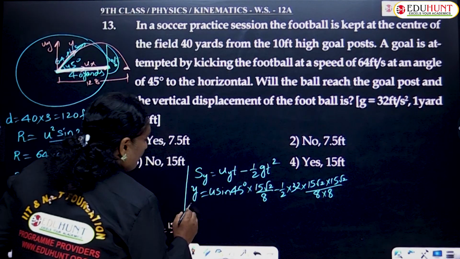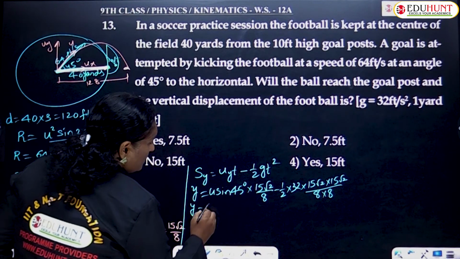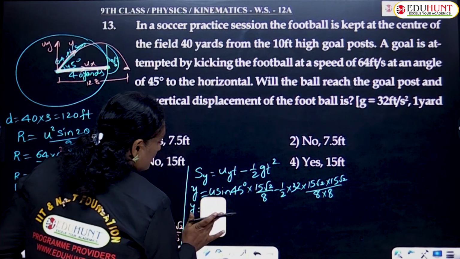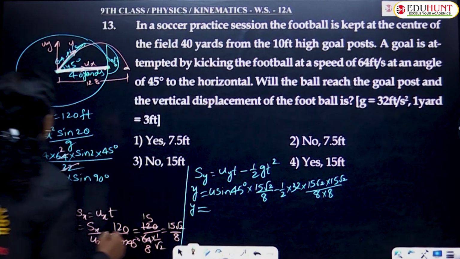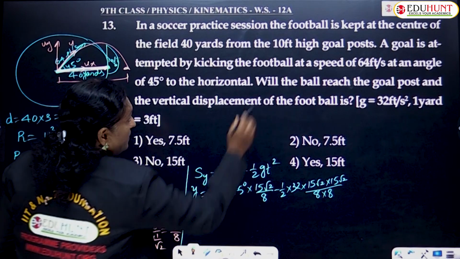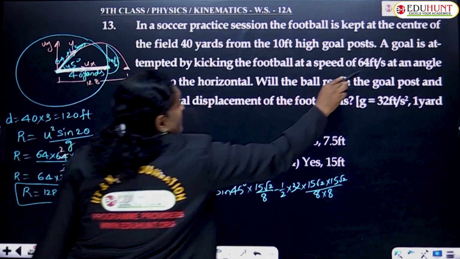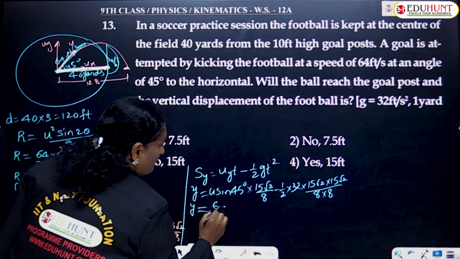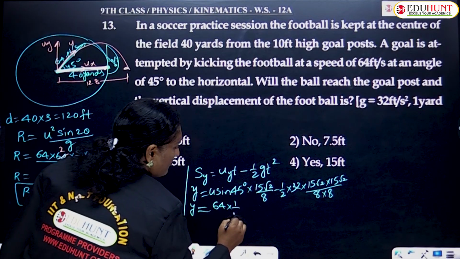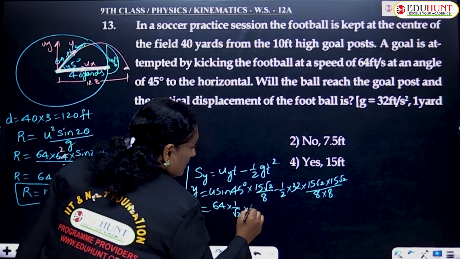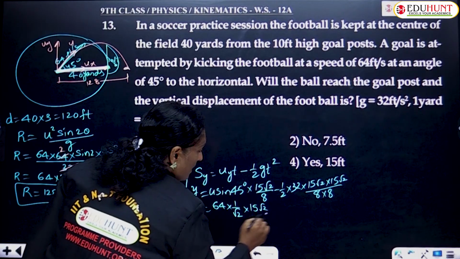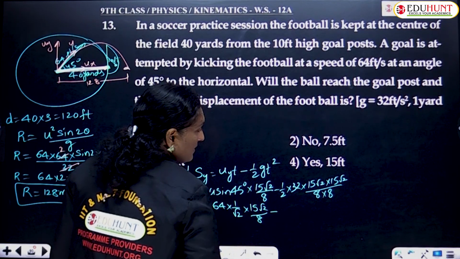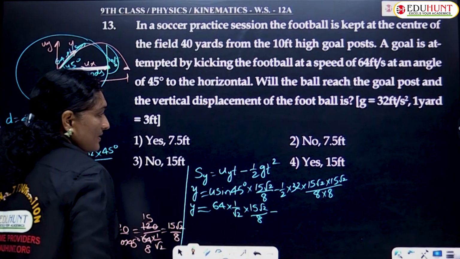We have the value of y is u into, u value is how much? The value of u is given as 64 feet. So 64 into sine 45, which is 1 by root 2, into 15 root 2 upon 8, minus, let us try solving the same.